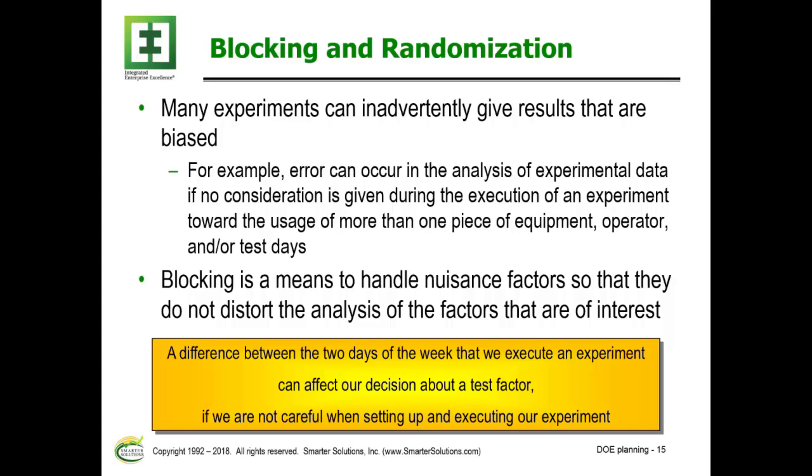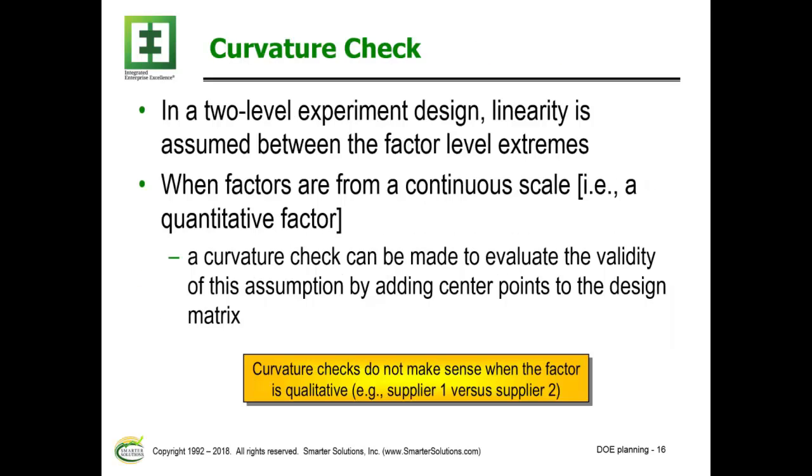Let's consider that there was a difference between day 1 and day 2. The blocking would tend to cancel it out, so it wouldn't affect the other factors in the experiment, and you would minimize the experimental error. But if they were randomized and you truly had a difference between day 1 and day 2, that would increase your experimental error. So blocking should be considered as part of an experiment that's being conducted.